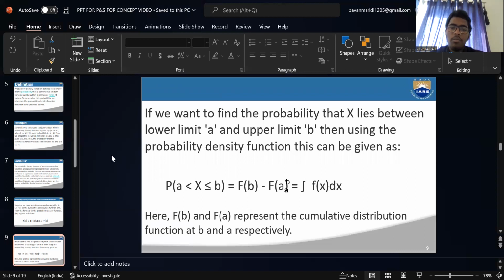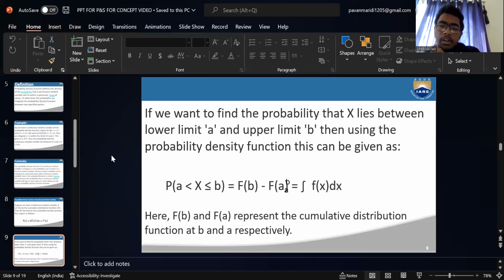If we want to find the probability that lies between lower limit a and upper limit b, then using the probability density function, this can be given as P of a less than x less than or equal to b, which is equal to F of b minus F of a, which is the integral from a to b of f of x dx.